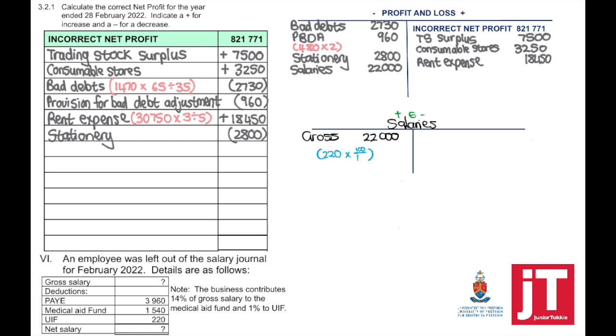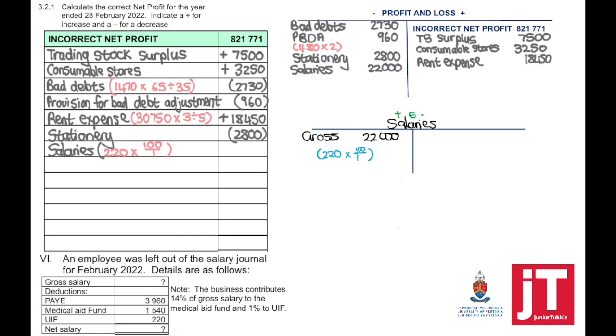To find the gross salary, we can use the UIF. 1% is deducted and 1% is contributed. Remember that. So to find the gross salary, we're going to say 220 times 100 divided by 1. That means my gross salary was 22,000. Make sure that you show your calculation in brackets.